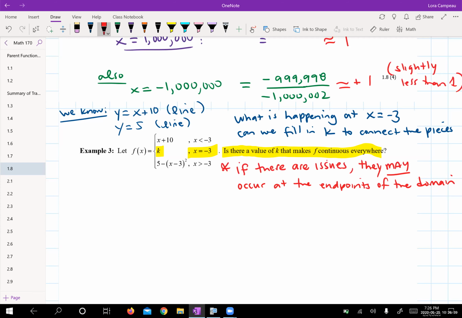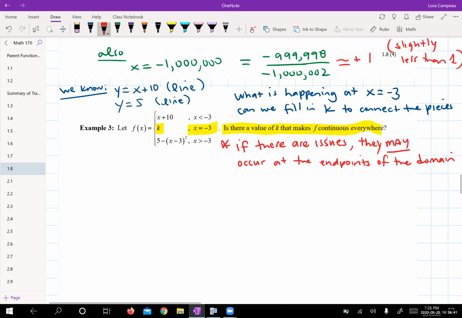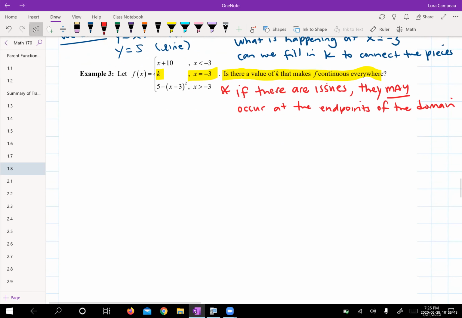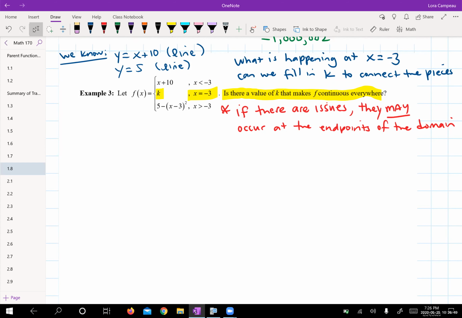And so if I'm playing with my piecewise function and want to talk about continuity, limits are the first thing I like to look at. We already know if you plug in an x value to a line, it's going to be continuous. You plug in an x value to a parabola, it's probably going to be continuous. It's the k that we're really interested in.